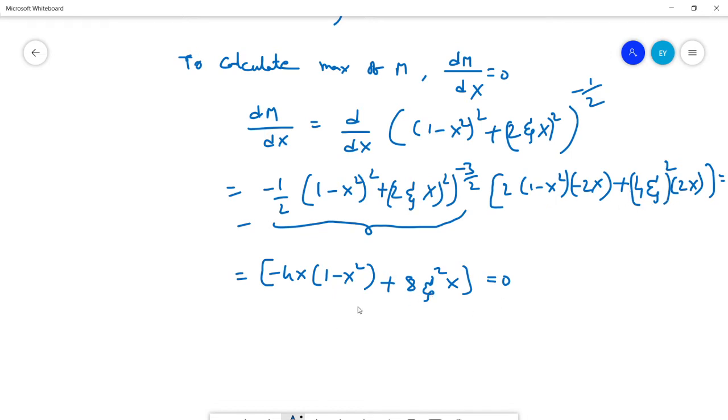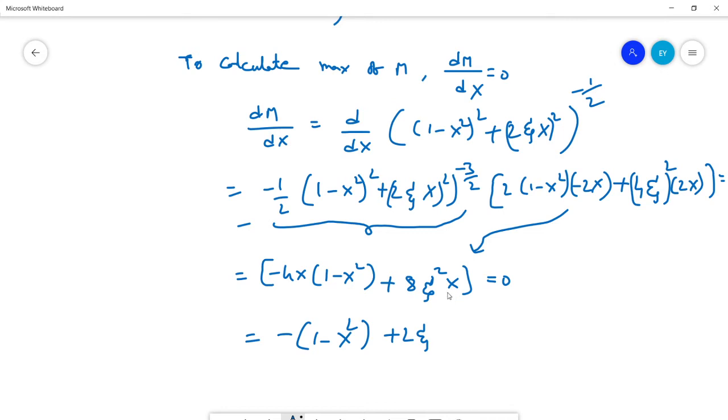So this is the expression we get from this one. From this we can write this expression as minus of, so take 4 common, and whatever the common terms you can take out, you can just throw it on the right side, so that the leftover term is 1 minus x square plus 2 zeta square.